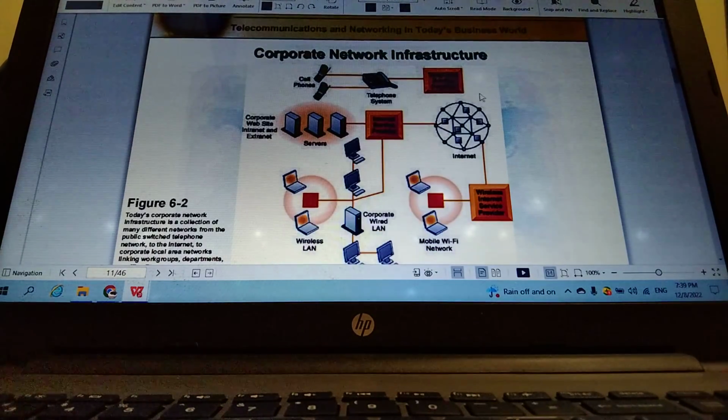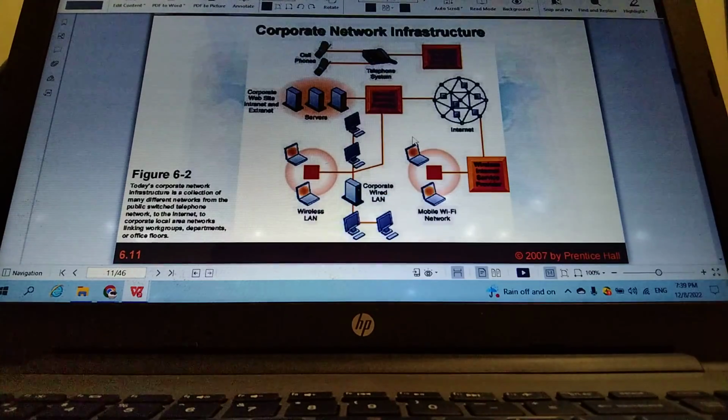You can see that in the next diagram. Basically, you have wireless phones, cell phones, office phones, servers. All the clients are connected either through internet service providers or telephone service providers, or through the local area network, through servers, or through wireless to the internet world.